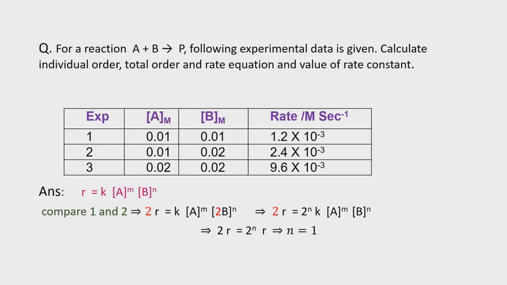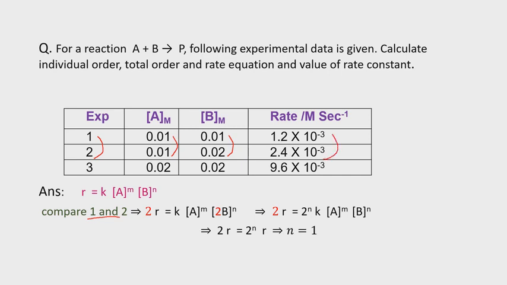If you compare 1 and 2, here no change in A, so A remains A. But what about B? Yes, B changes 2 times, means 2B. When B becomes 2B, R also changes 2 times.